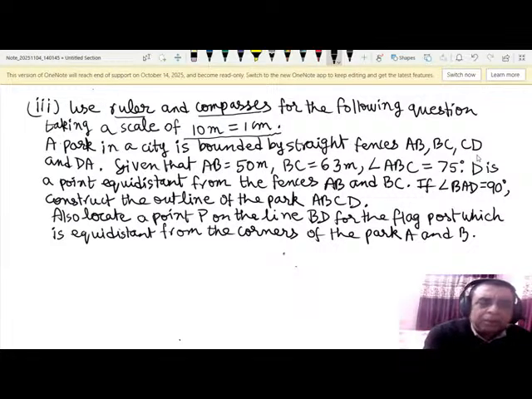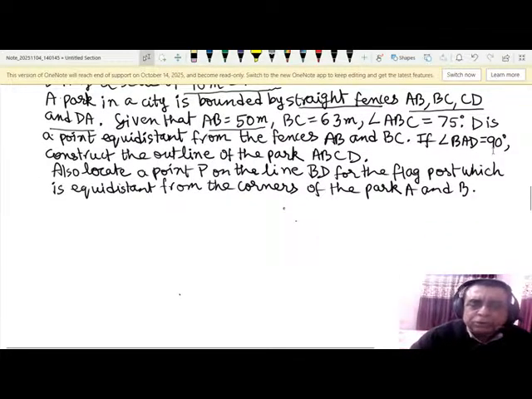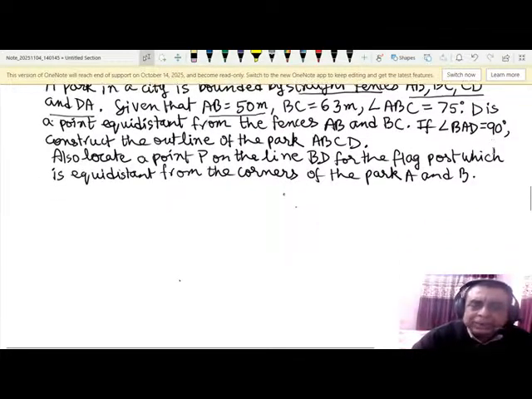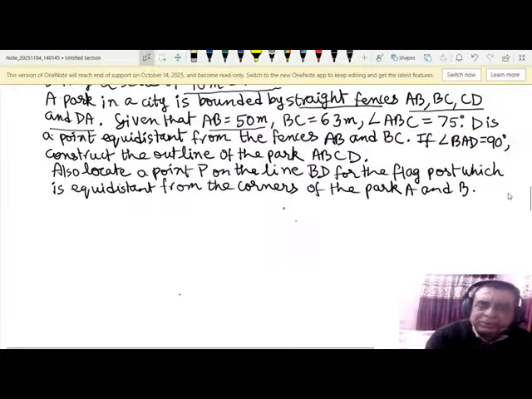Okay, a path in a city is bounded by straight fences AB, BC, CD, and DA. So the corner edges of a park are AB, BC, CD, and DA. Given that the length of AB is 50 meters, so you draw first a rough sketch.